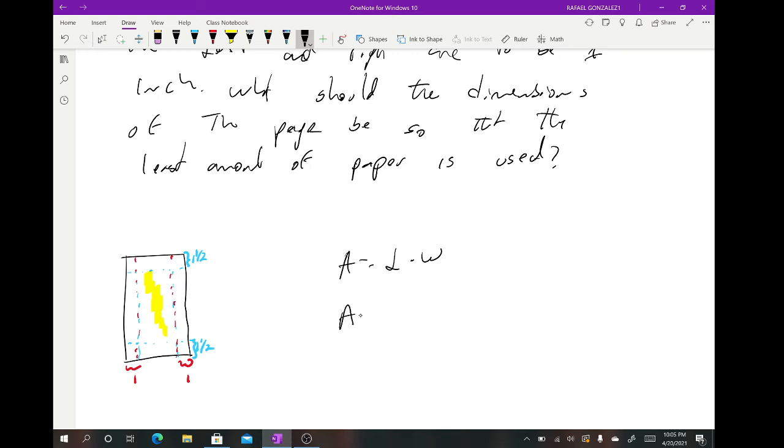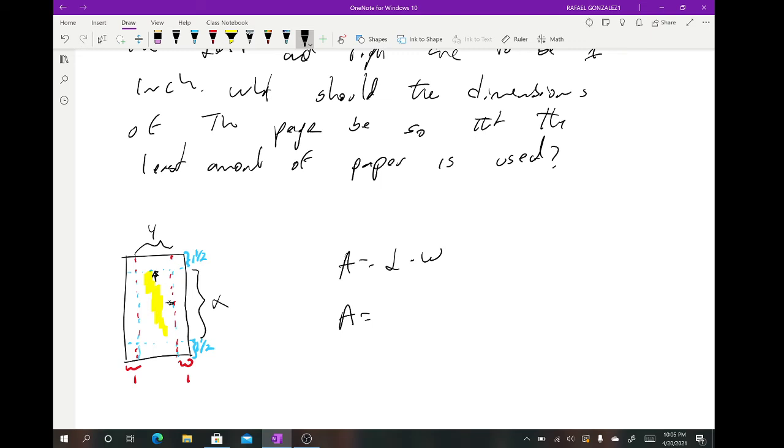Now for the inner one, let's call this side x, and let's call this side y, on the inside, not the outside. So we will get the dimensions of what these sides are and then what the outside is.